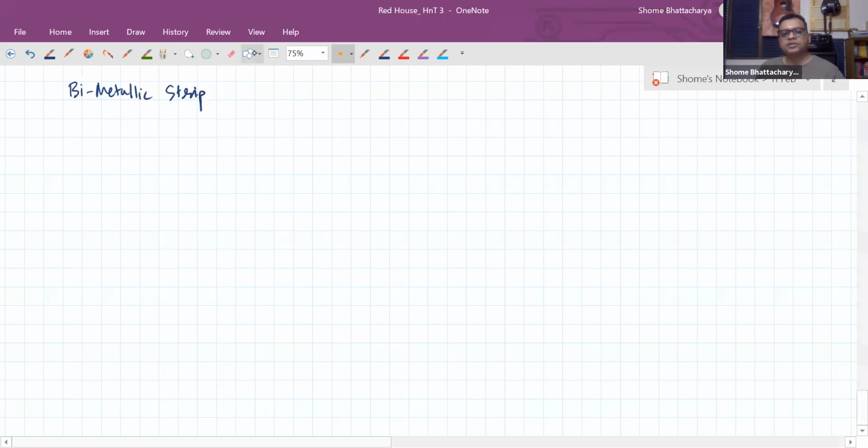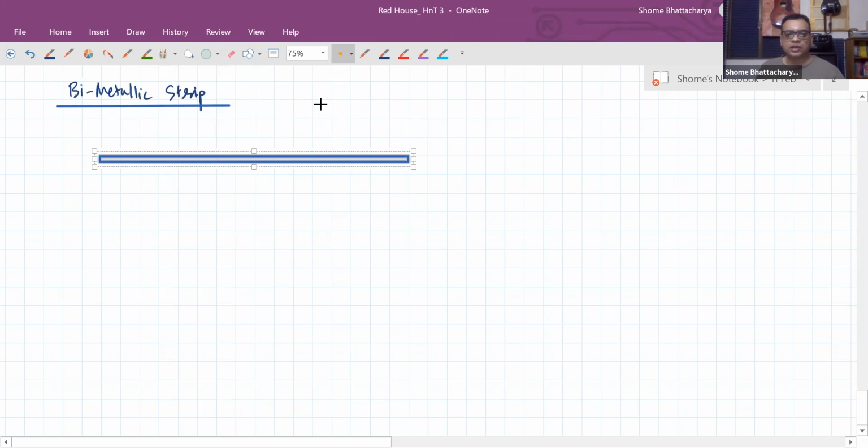You're familiar with this. These are used to make fire alarms or temperature sensitive circuit breakers. It consists of a metallic object, which is basically two strips of metal welded together, kind of like a straight double rod at room temperature.